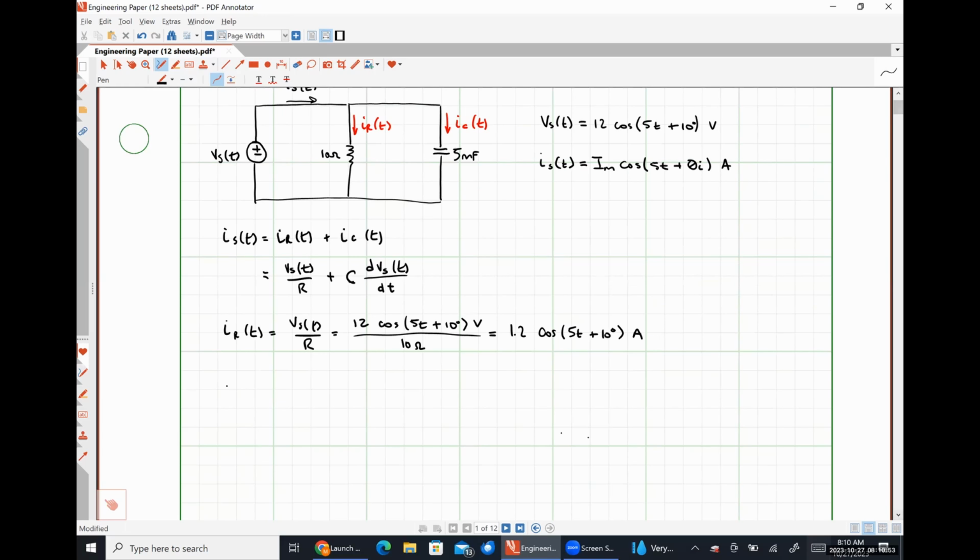IC of t is C times the derivative of Vs with respect to time. So C is 5 millifarads, so that's 5 times 10 to the minus 3. A farad is an amp second per volt. When I take the derivative of a cosine function, my omega is going to come out.